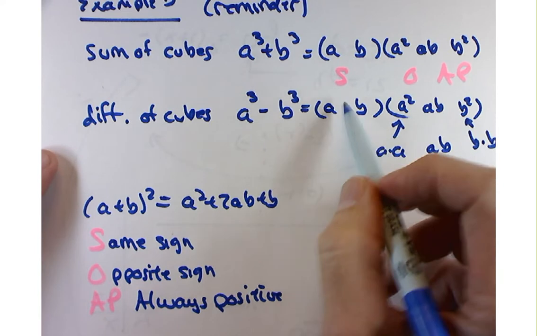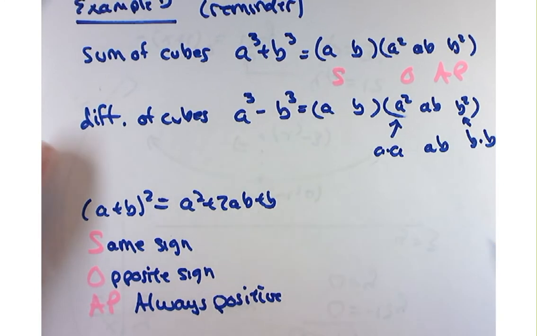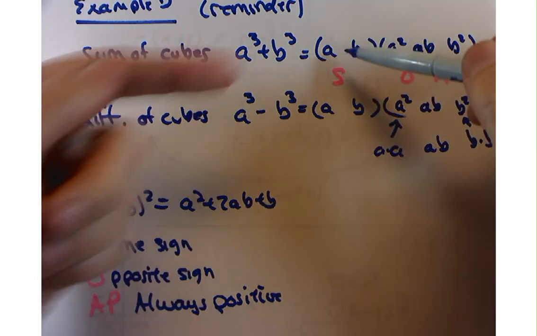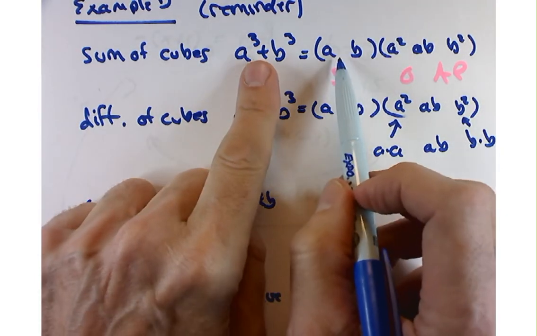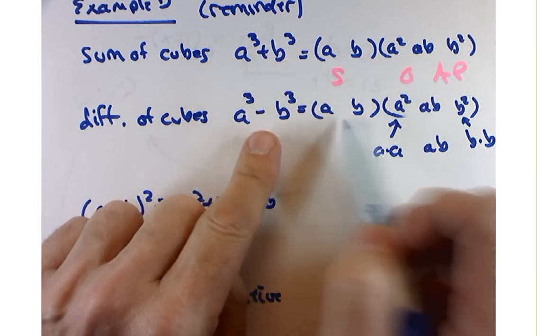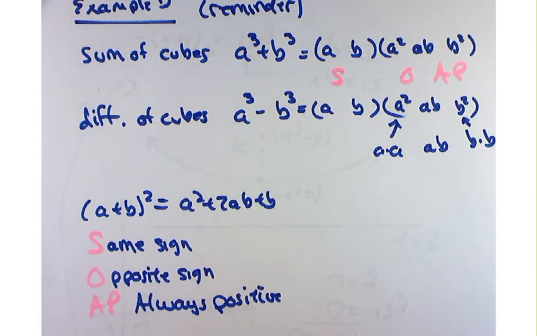So take a moment for yourself right now, or pause the video if you have to, and see if you can fill in these signs using that idea that these two signs are the same, and then opposite, and then always positive. And that works for both formulas. Notice that they're both essentially the same.